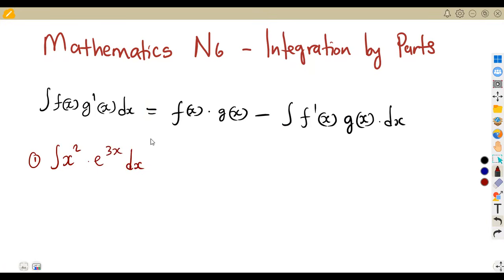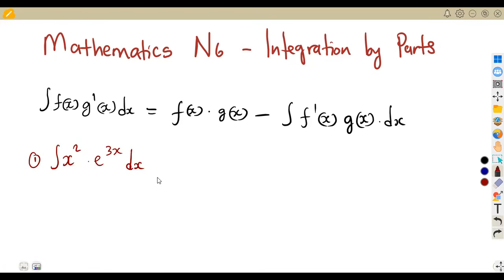We've got an algebraic and an exponential term. Take note, this can be differentiated, we know that, and also this can be differentiated. This can be integrated, and also this can be integrated.